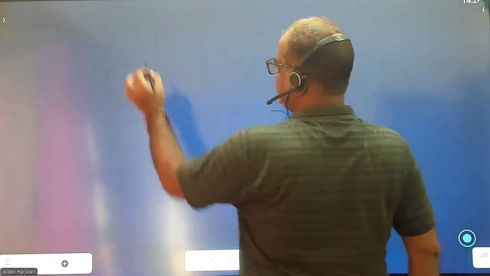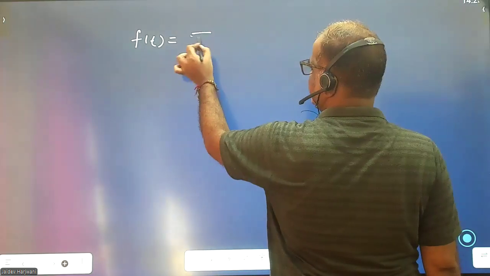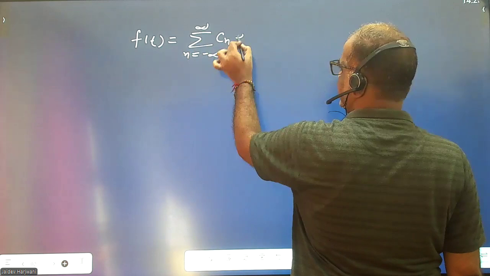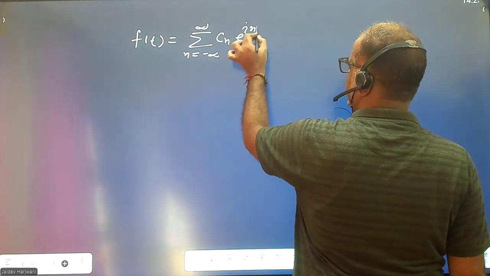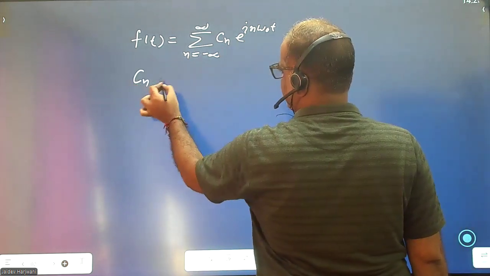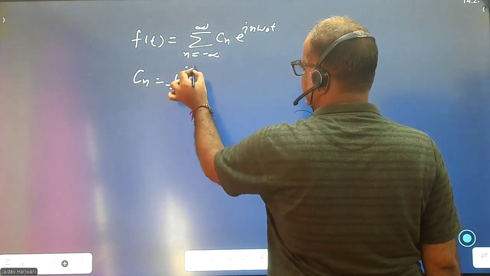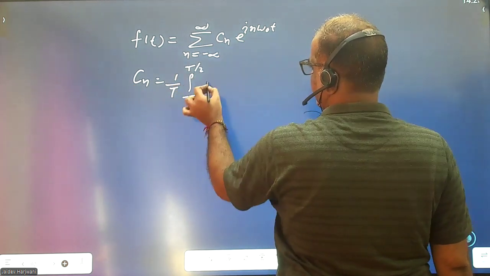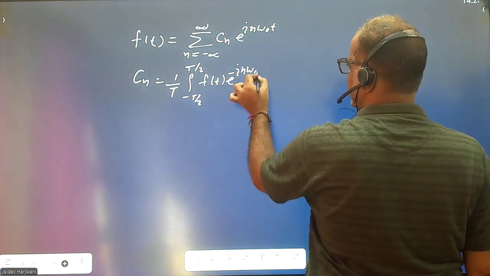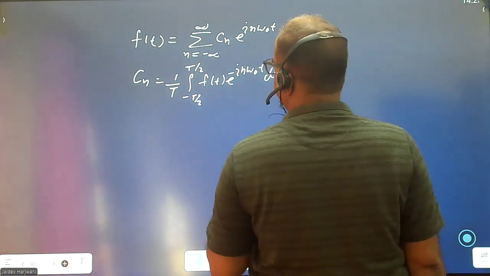If my T goes large, I have f(t), which is the sum from n equals minus infinity to infinity of Cn e power i n omega 0 t, where Cn is defined as 1 by T times the integral from minus T by 2 to T by 2 of f(t) e power minus i n omega 0 t dt.